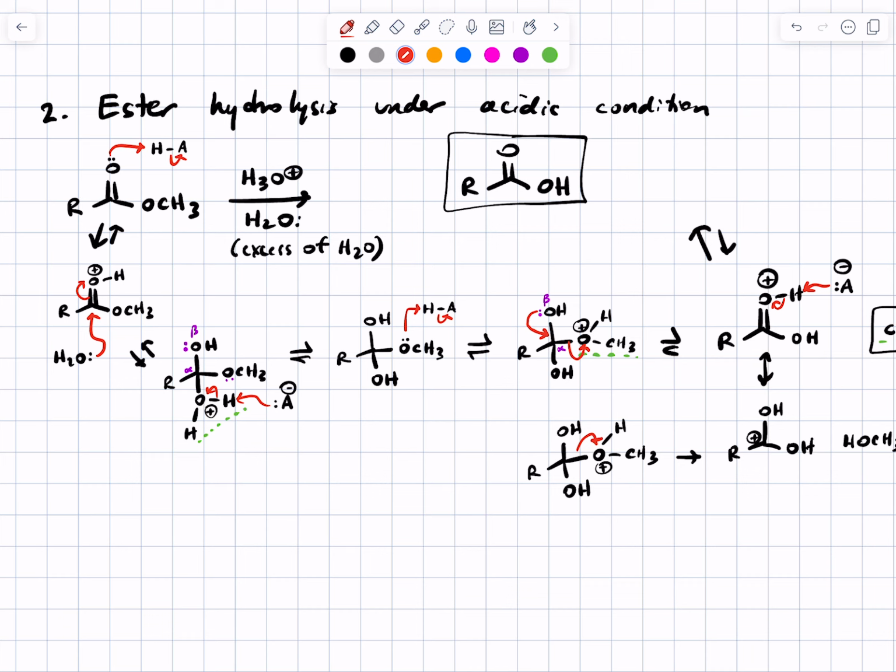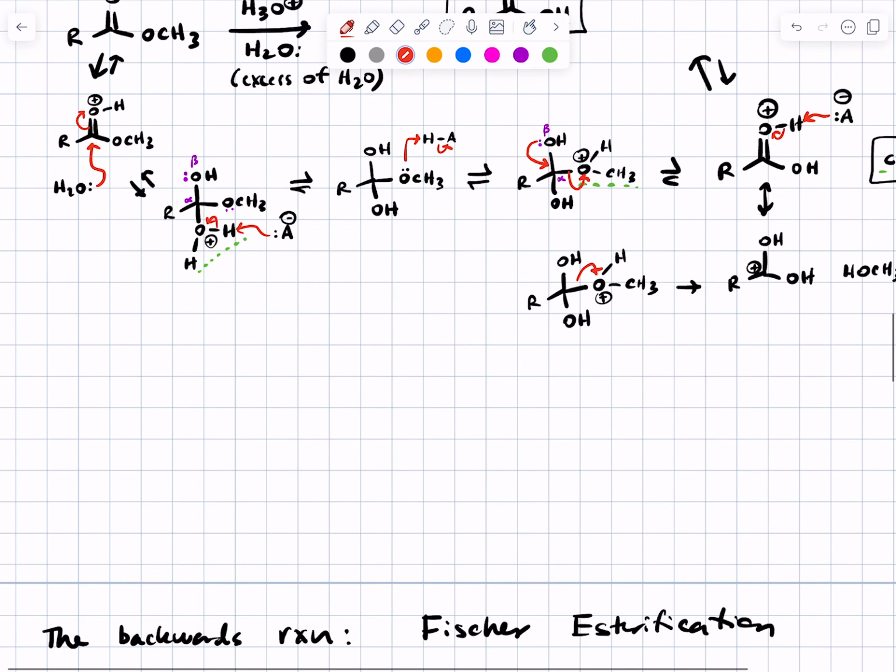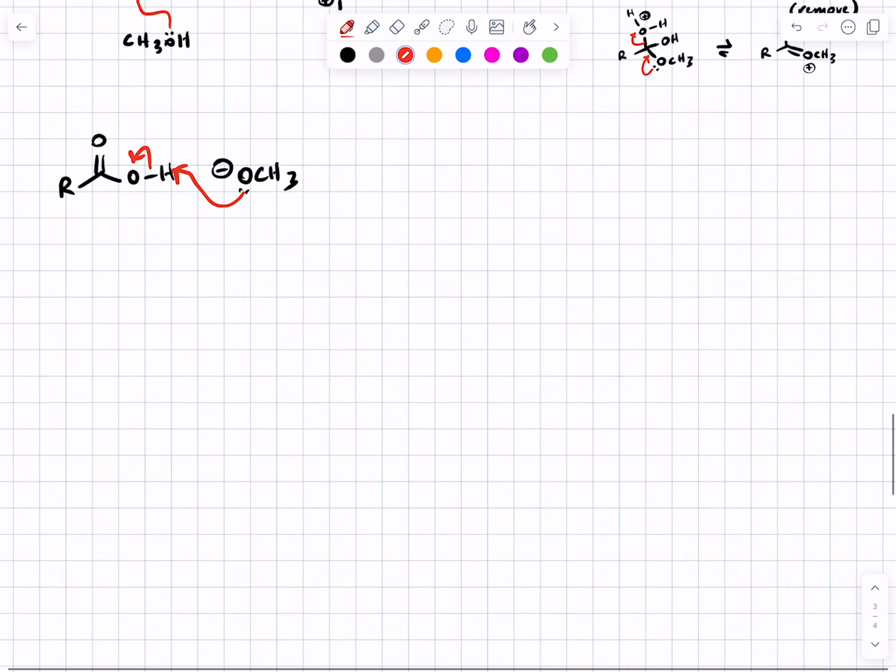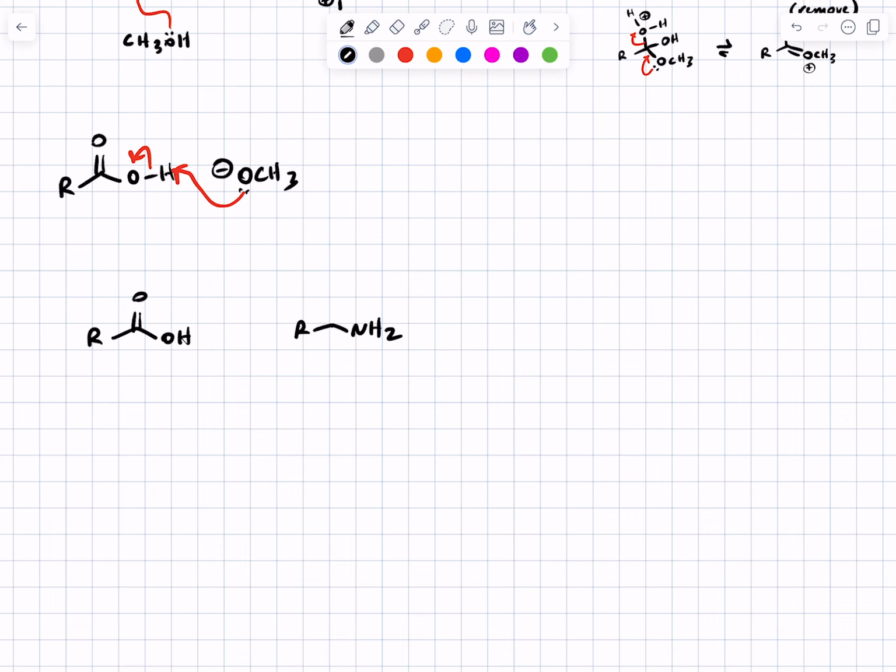A question we could ask though is, what if you wanted to form an amide? Would an acid catalyst be a good way to take a carboxylic acid and make an amide? Could we do something like we've done previously? And the answer is no, it's problematic.